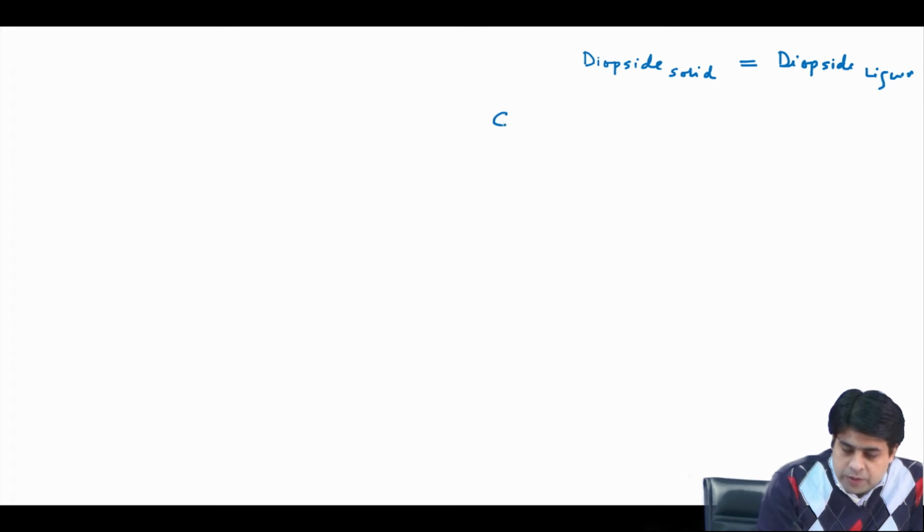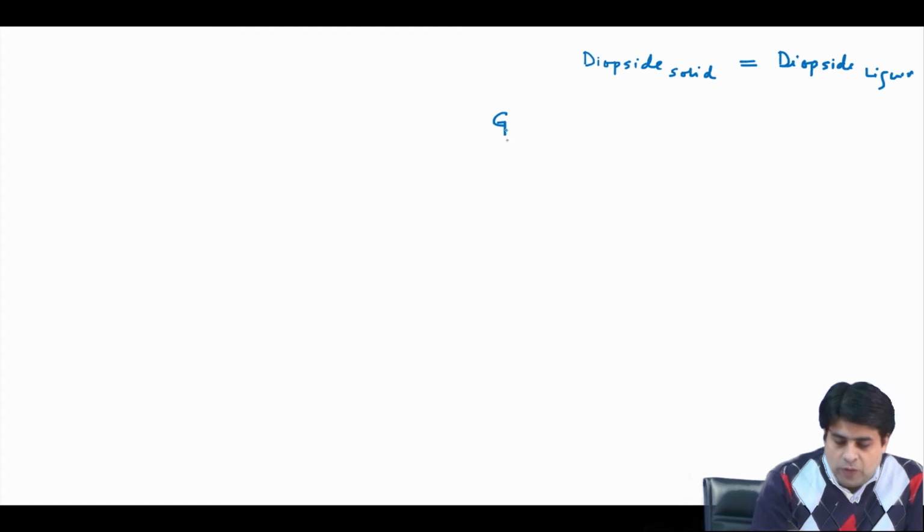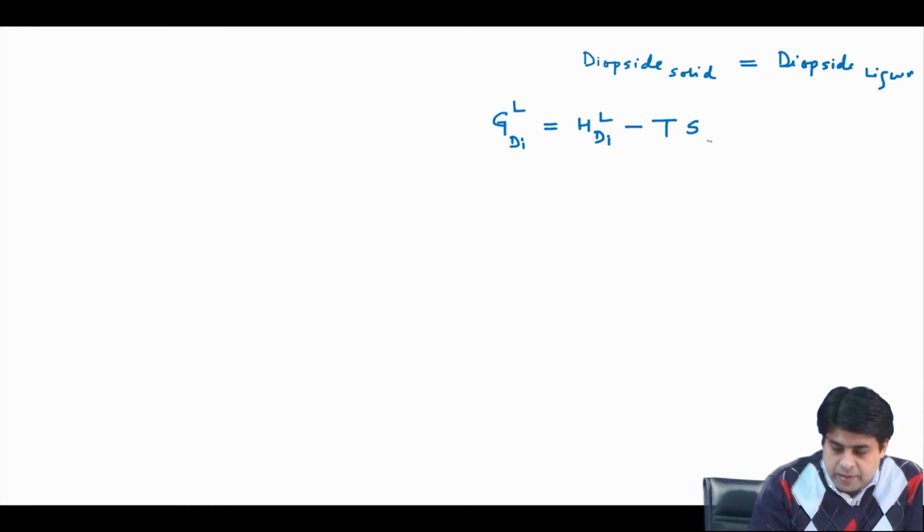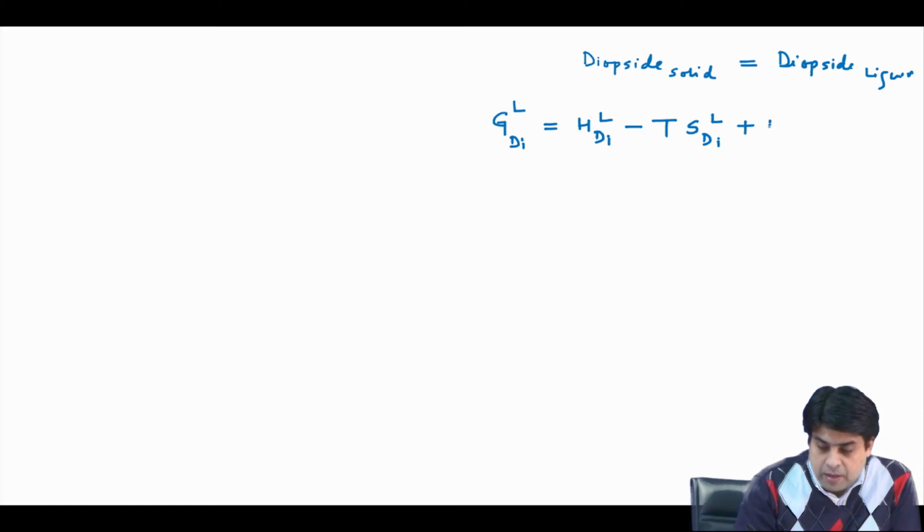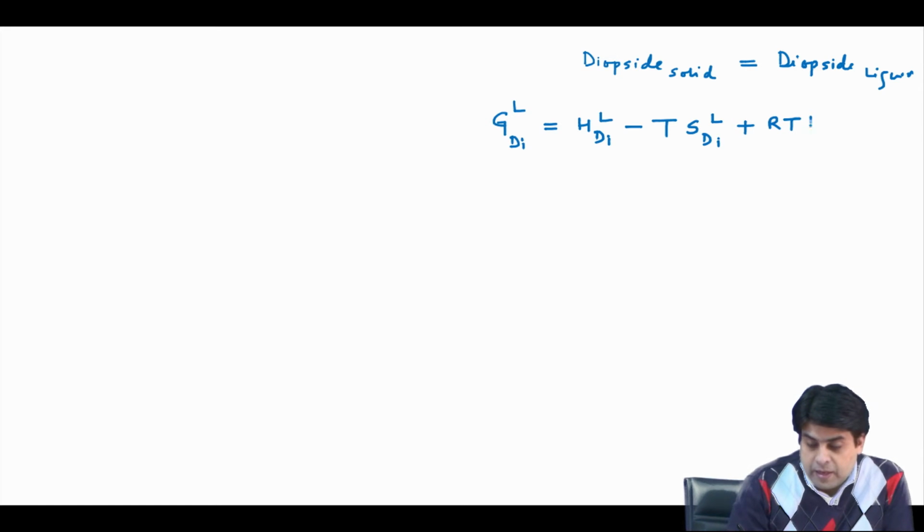So our G of dioxide liquid will be equal to H dioxide liquid minus T S dioxide liquid plus R T ln X dioxide in liquid.